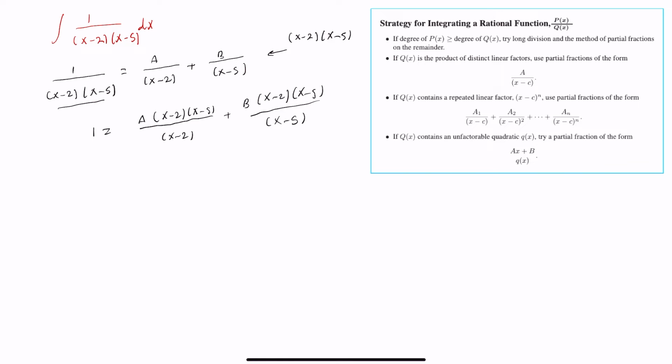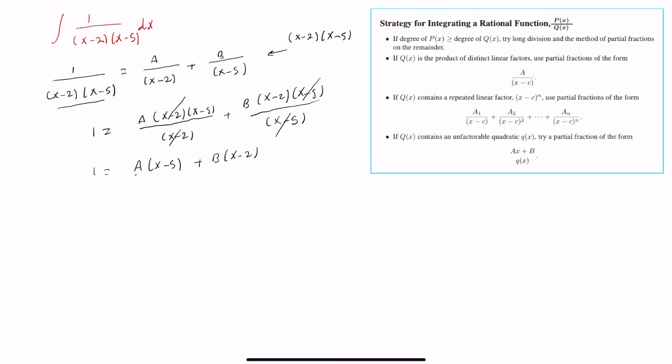Now let's simplify. Notice that this term goes with this term, and this term goes with this term. So that can be written as 1 equals A times (x minus 5), plus B times (x minus 2).